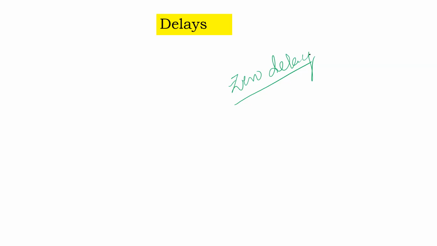It is floating, so you cannot measure the exact value at the output of the flip-flop. Suppose the clock is this much duration.